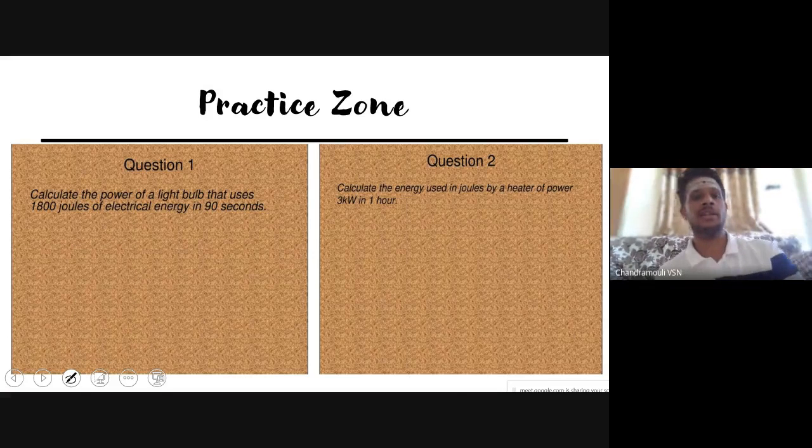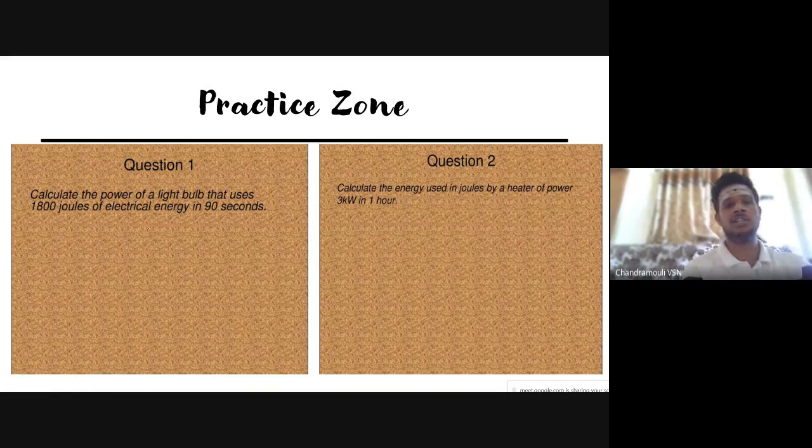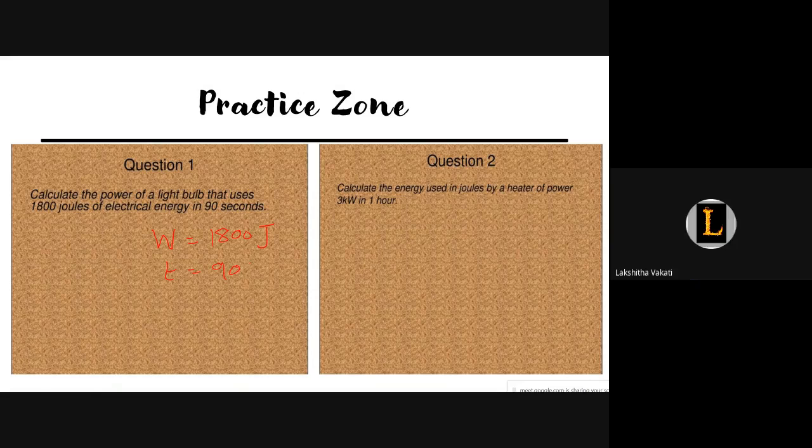First one is what? Calculate the power of a light bulb that uses 1800 joules. That means they're given what? Joules in the sense means they're given work. Work has how many joules? 1800 joules. And what is the time they're given? 90 seconds.